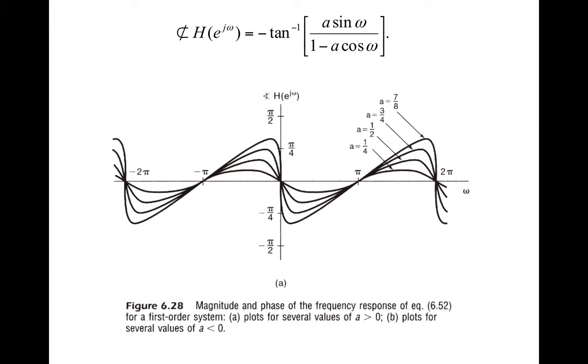Here we show the phase when a is 7 divided by 8, the fluctuation of the phase is higher.